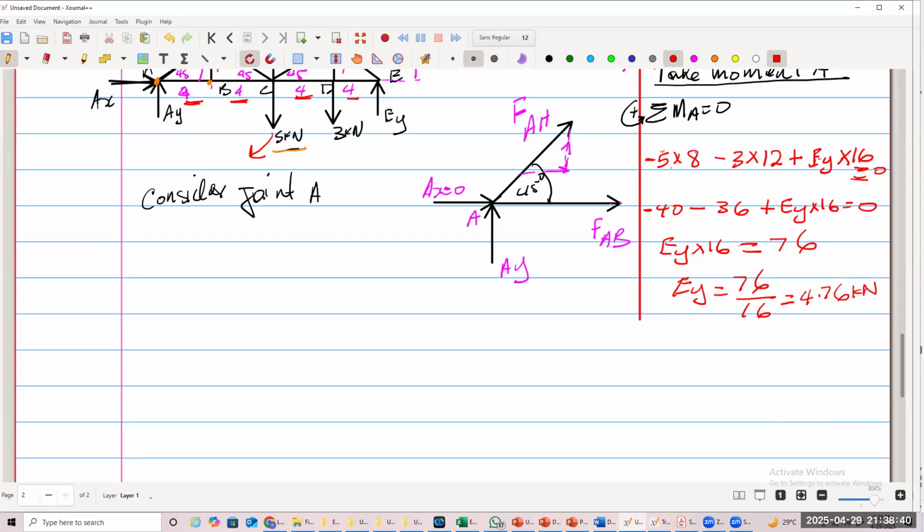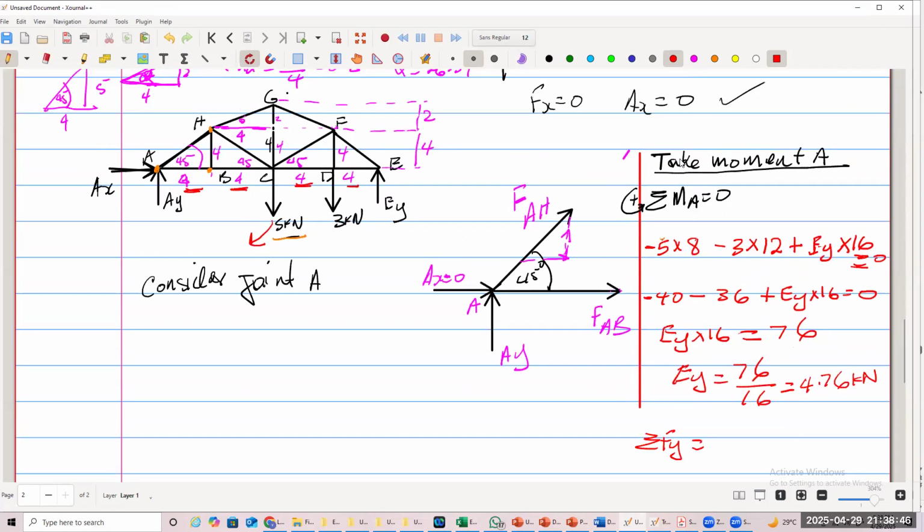So the sum of the forces in the Y, let's sum all the forces in the Y now, guys, equal to 0. So you have AY positive, minus 5 minus 3, because those are coming down. AY is positive going up, minus 3 plus EY equals to 0.